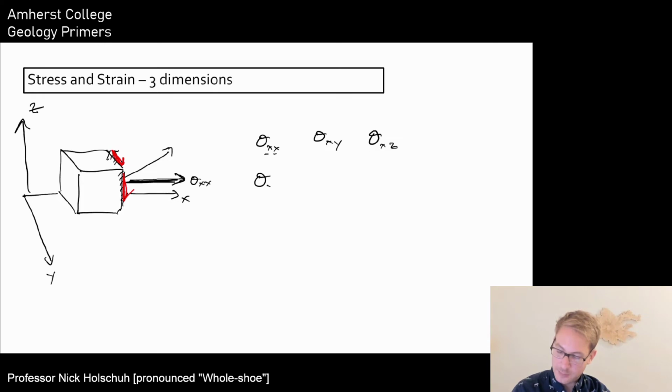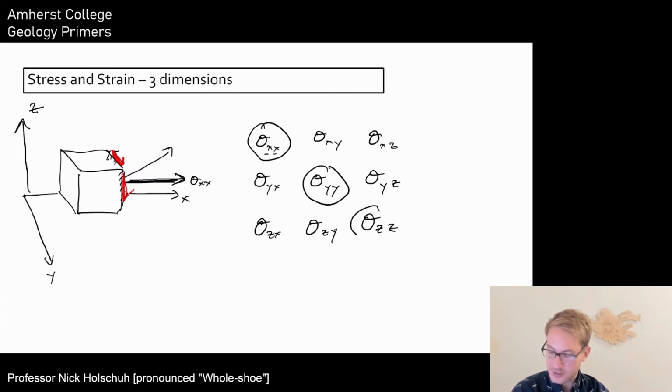So we can come up with a full, what we call a stress tensor, that describes all of the applied stresses, where these are our normal stresses and these are our shear stresses for our three-dimensional object.